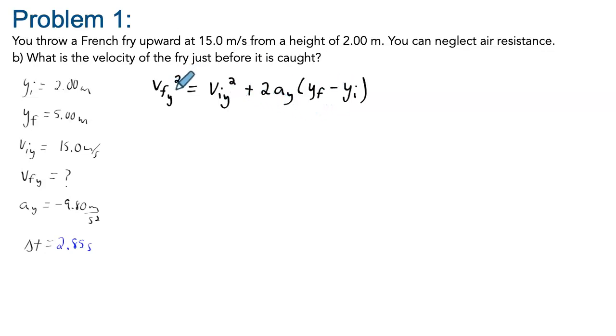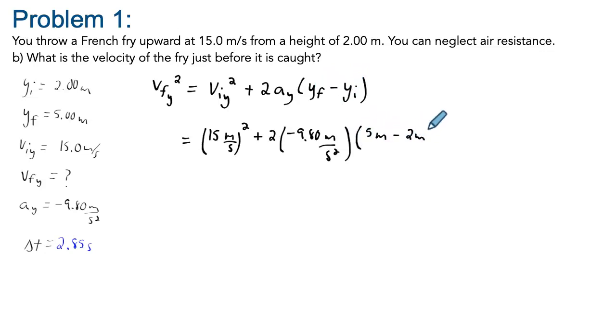So if I want to do this, and what I'm solving for is v final, that's easy. I'm just taking the square root of what's on the right. So let's put the numbers in there. So we will have v initial squared, which is just the 15 meters per second squared, plus 2 times the acceleration, which is minus 9.80 meters per second squared. And then we have y final minus y initial, and this will be 5 meters minus 2 meters.